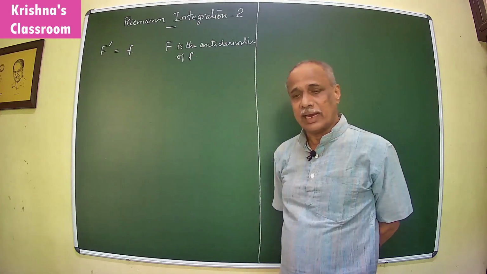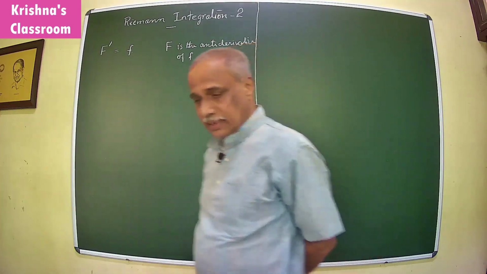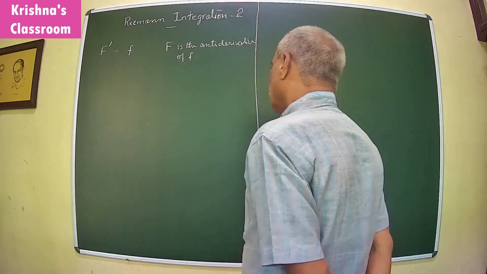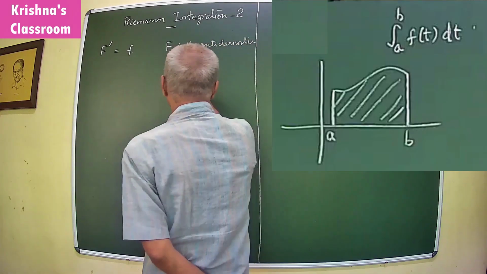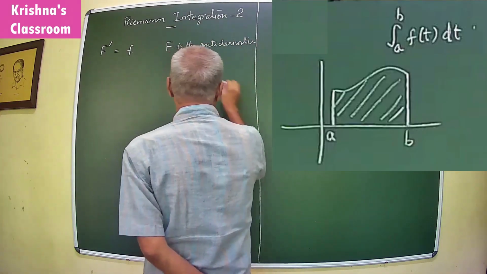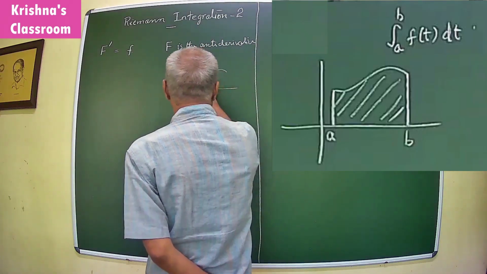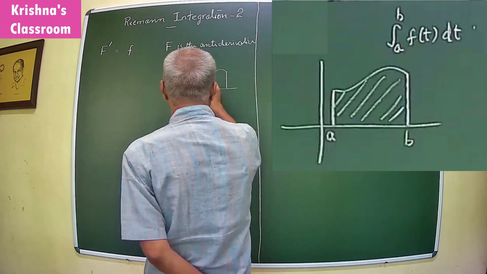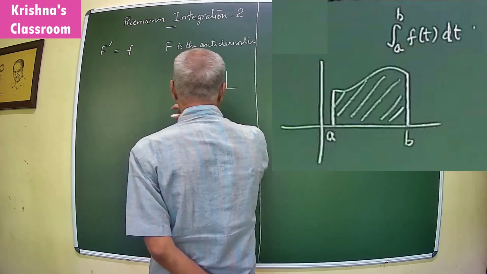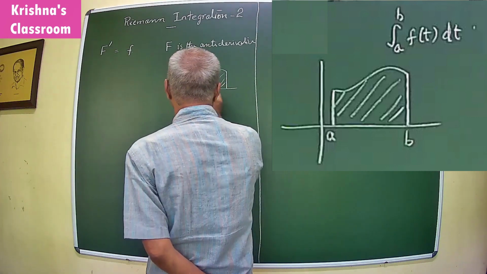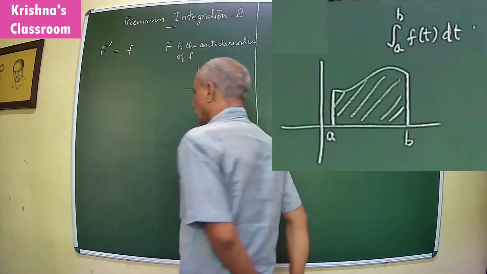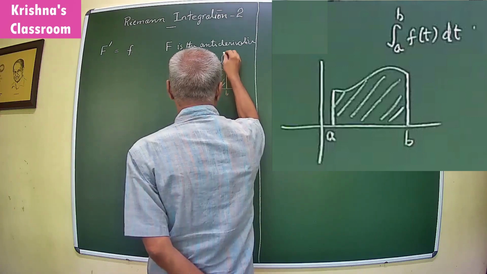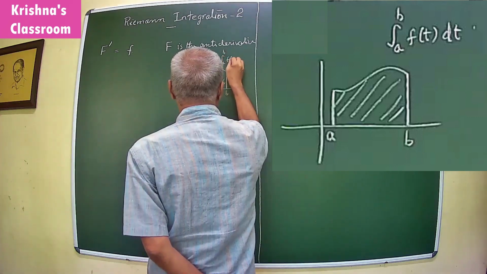Now how do you connect this with the geometric notion of integration? Given a function, you can draw the graph of the function, and then you normally associate the area enclosed between the curve, the x-axis and the ordinates at a and b as the integral, written as the integral from a to b of f(t) dt.